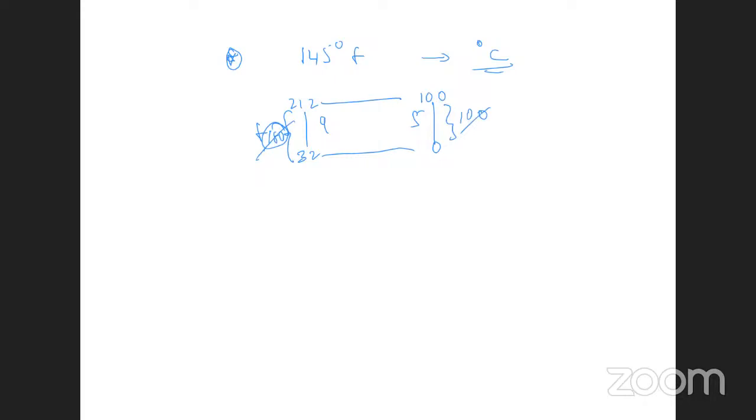Okay. 9 to 5. So the conversion equation is always F equals 9 divided by 5 times C plus 32, when you're converting centigrade to Fahrenheit. Now, if you want the centigrade, it will be Fahrenheit minus 32.